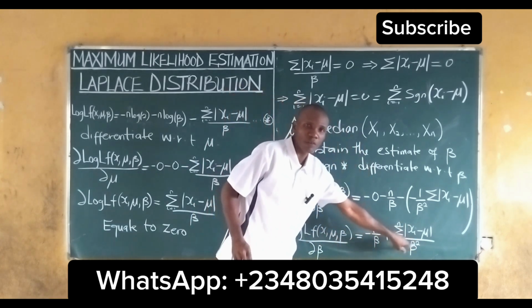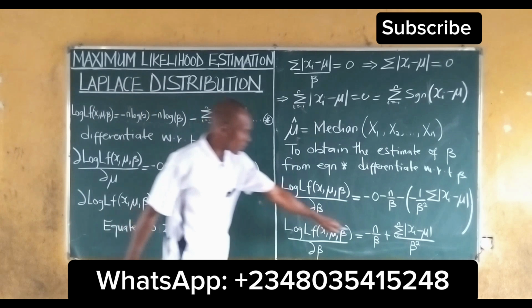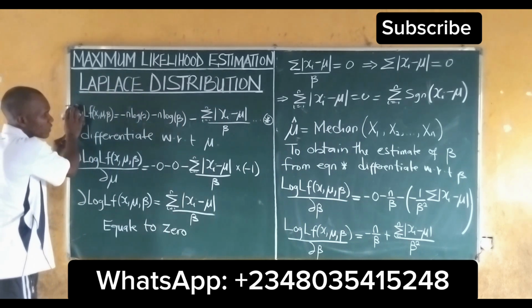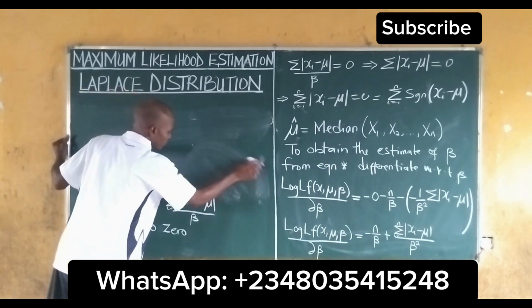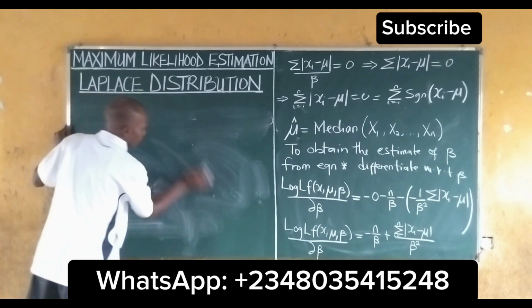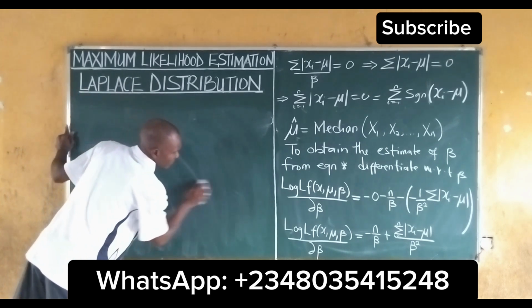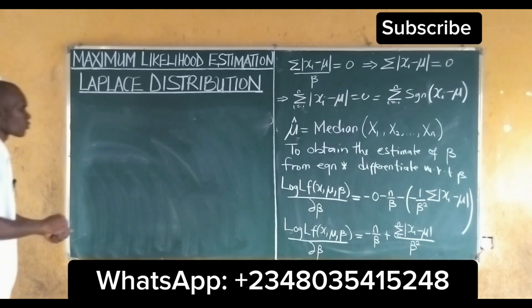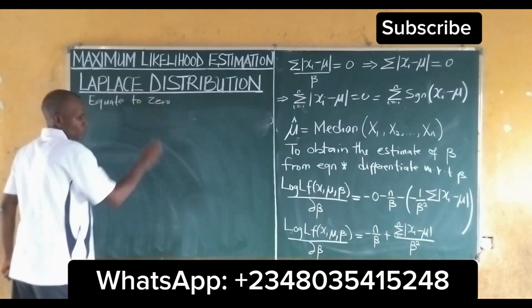So this is what we get. The next thing to do is to equate the whole of this to zero to maximize beta. So we equate the whole of this to zero.